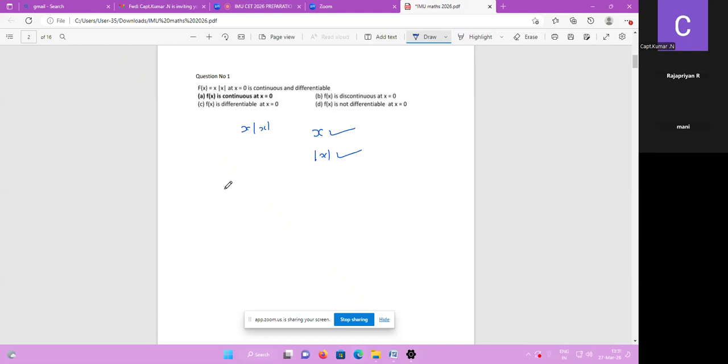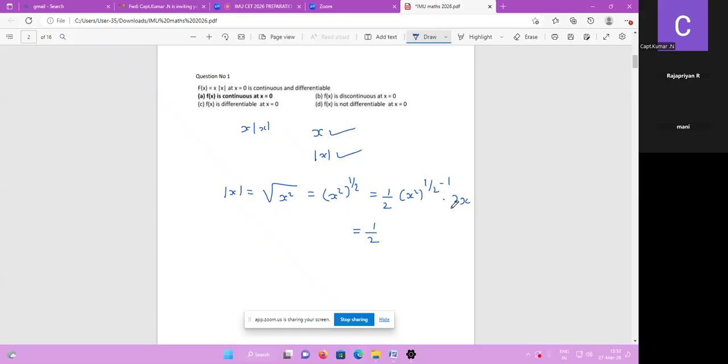First, I want to check differentiability of mod x. There is one trick. We can write mod x as the square root of x squared. This will seem silly, but it works. Now we can differentiate. Put the 1 by 2 in front, take x squared there, and the power is 1 by 2 minus 1, which is minus 1 by 2, into 2x.